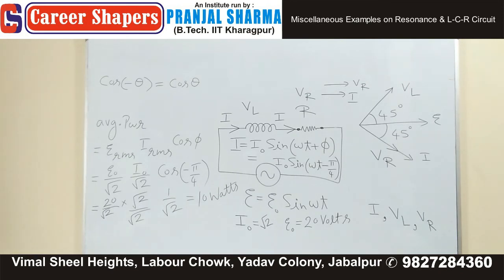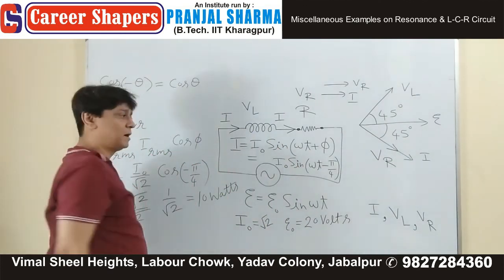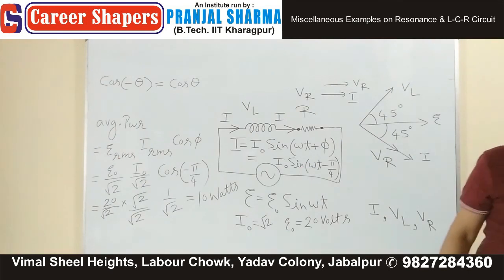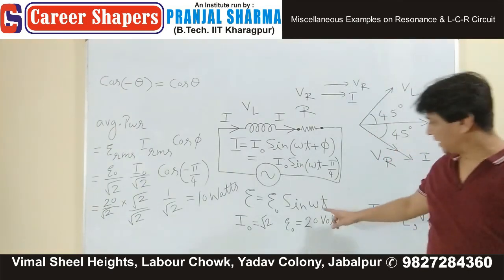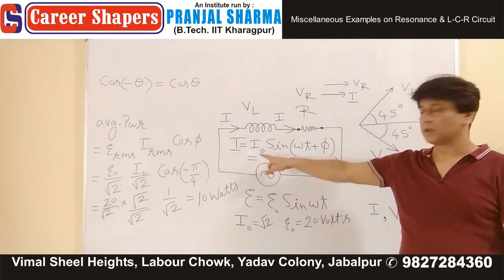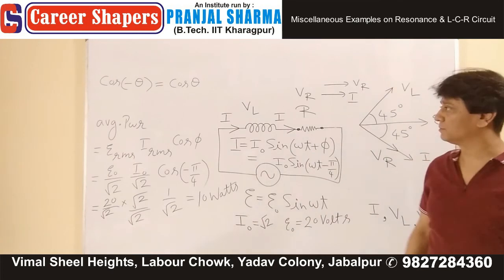Now the last part of the question, plot a graph between I naught and omega for this circuit. If you change omega, this I naught will change. Plot a graph of I naught and omega for this circuit.